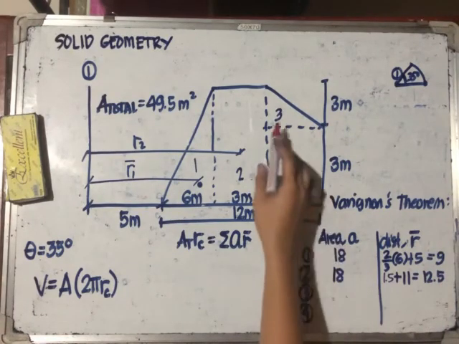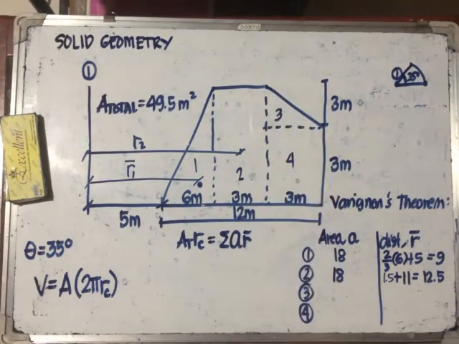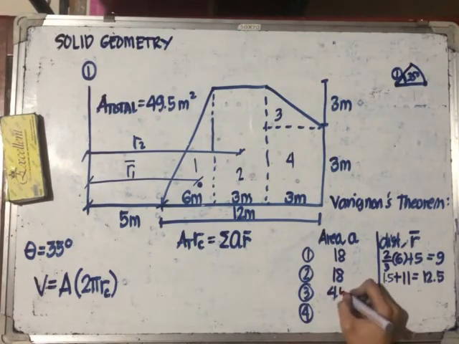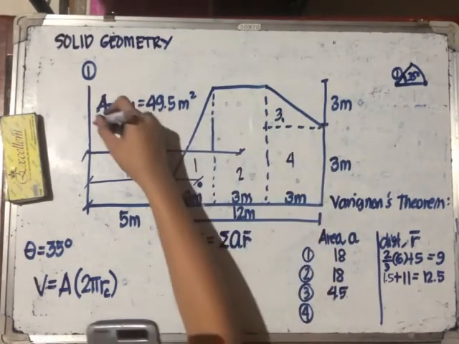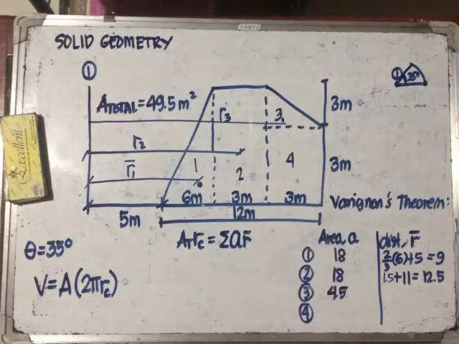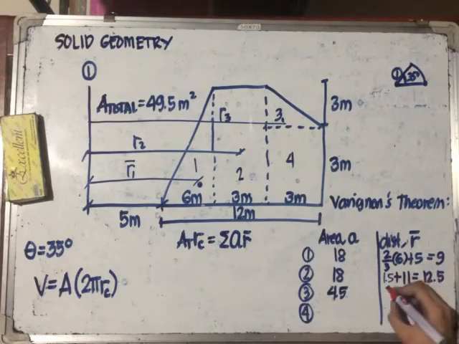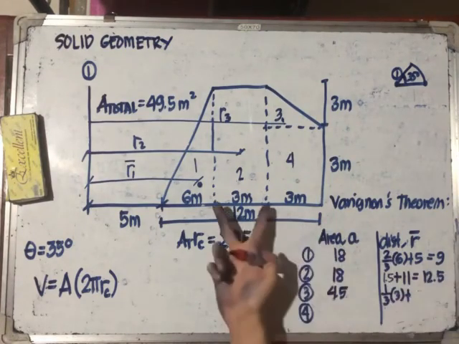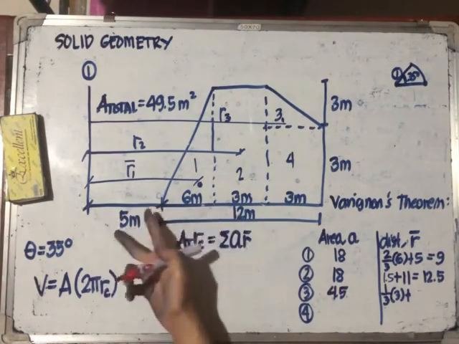Third area natin is 1/2 base 3 height 3. That's 0.5 times 3 times 3. 4.5. And distance, R sub 3 natin is from here to here. R sub 3. That is 1/3 of 3. 1/3 of 3 plus 3, 6, and 5 is 9 and 5.